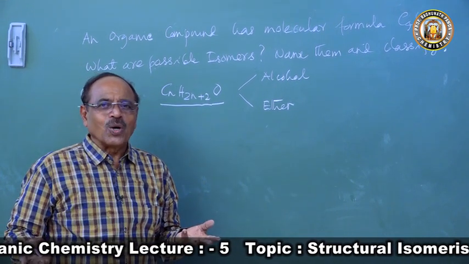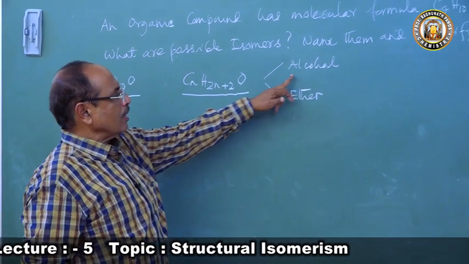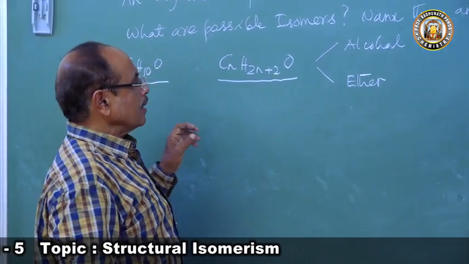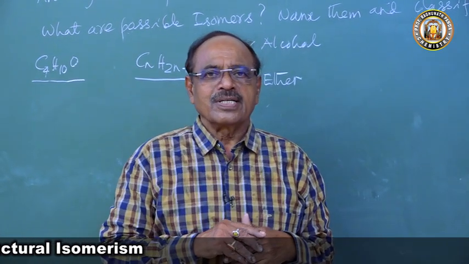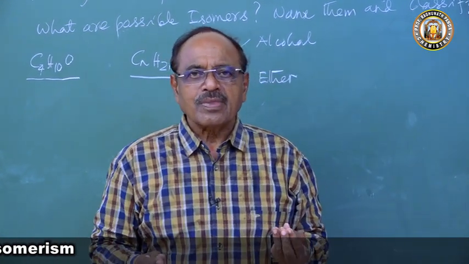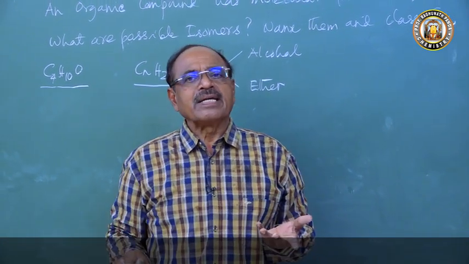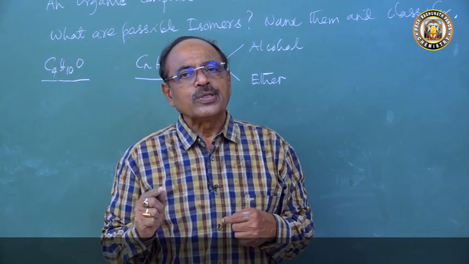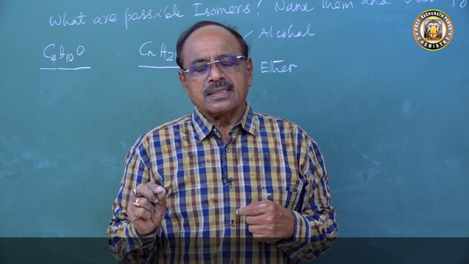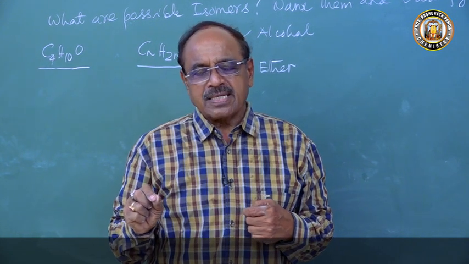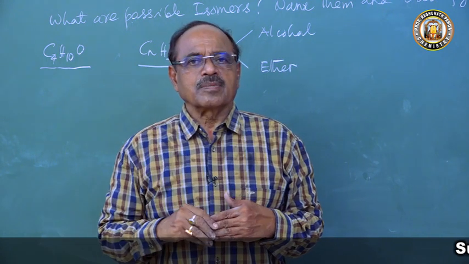So you see how nicely you have come. You have gone to alcohol. It can be an ether. So for alcohol we now write the structure. But how many carbon atoms are there? There are 4 carbon atoms. When a compound has 4 carbon atoms, it can have different chains, because I told you while discussing isomerism, the chain begins at the 3rd carbon atom.